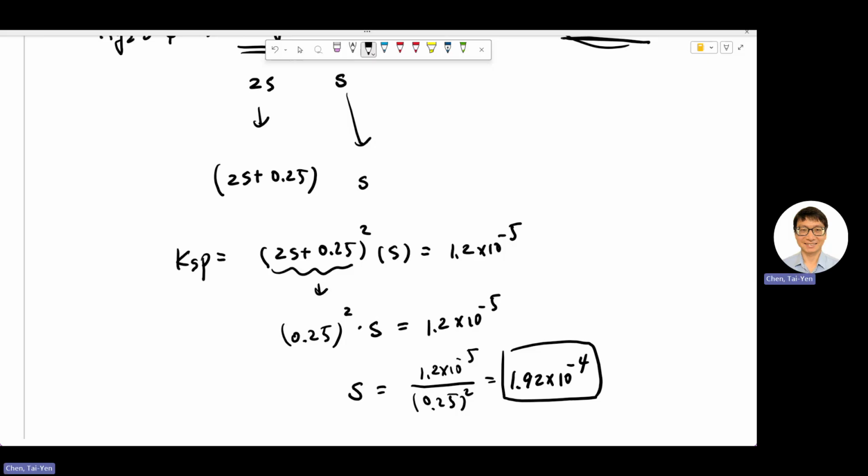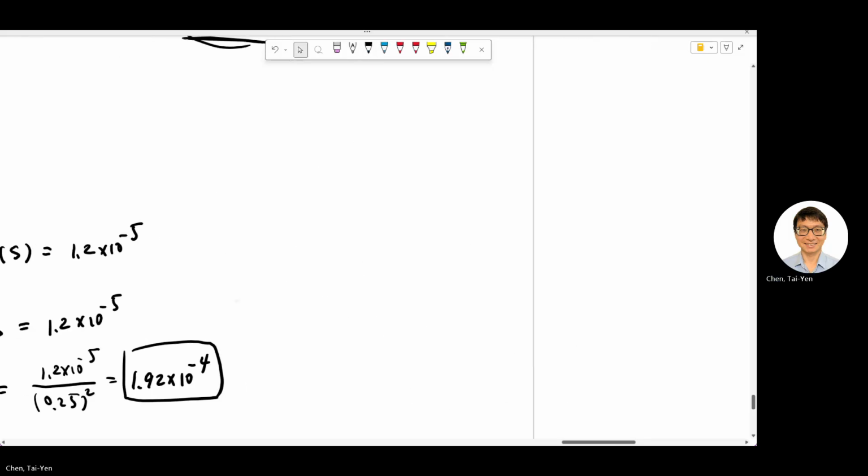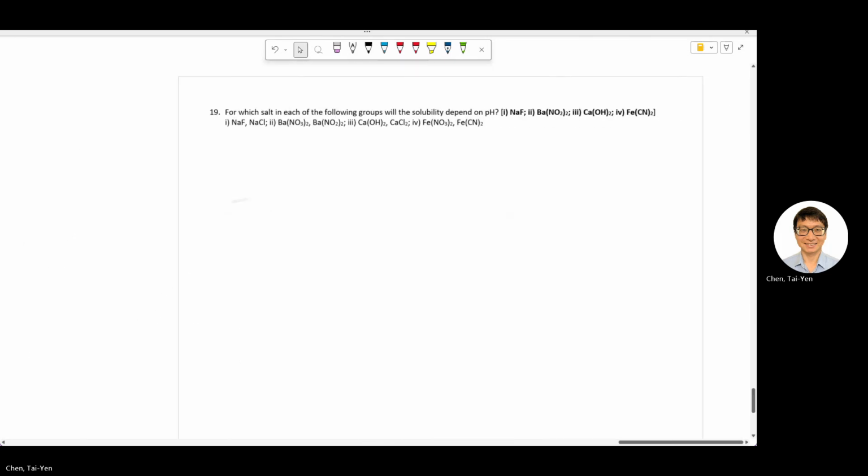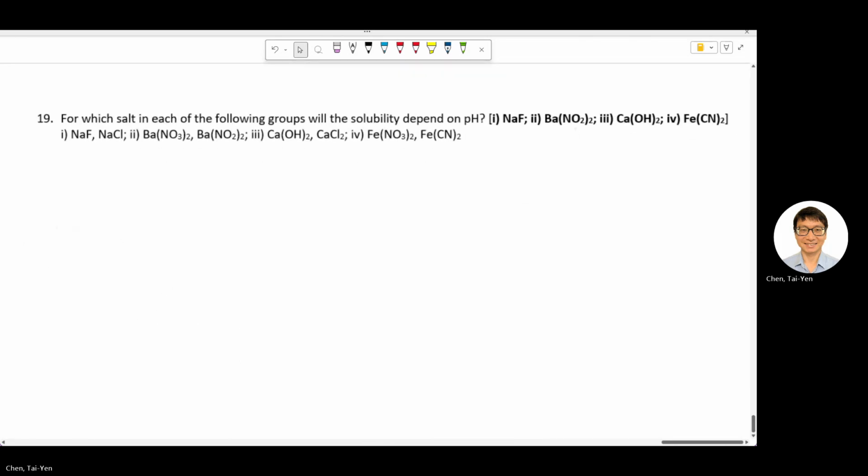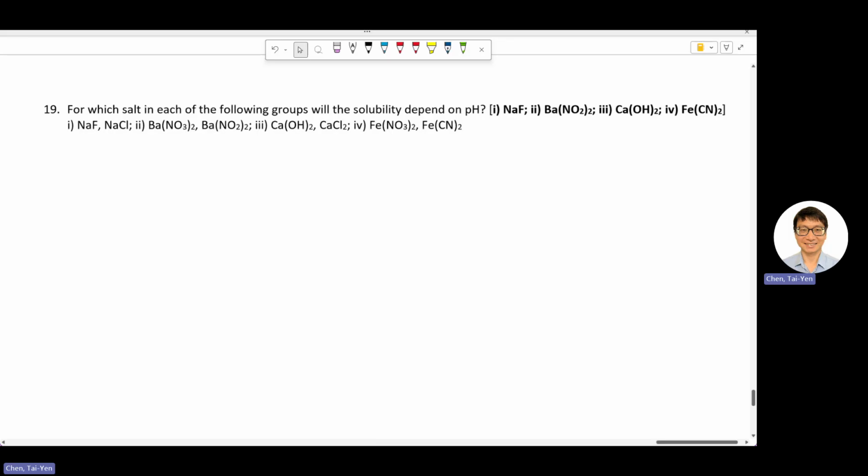The very last question. It asks you, for which salt in each of the following groups will the solubility depend on pH?